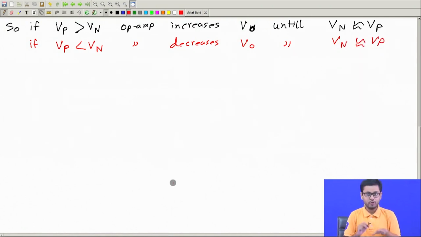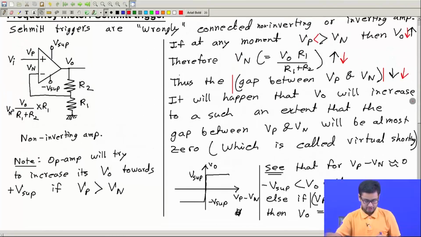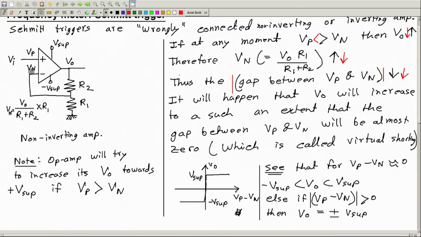This is how the equilibrium establishes. You can try to increase this voltage, and the op amp will also try to increase this voltage, and thereby make these two equal. Similarly, if you try to decrease this voltage, the op amp will also decrease this voltage, and thereby make Vp and Vn equal. This is how one can understand this non-inverting amplifier.